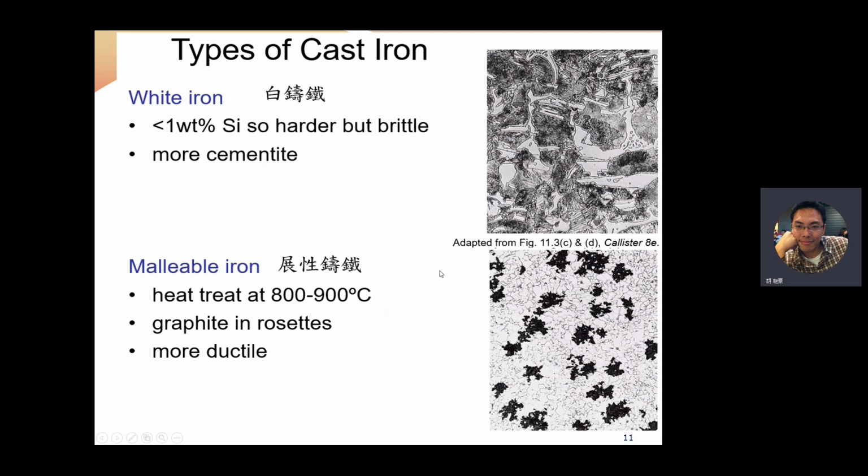The white iron, remember, it is one of the hardest cast irons, right? And it has a low silicon content, and it has more cementite. Okay, so what's the classification of white iron?